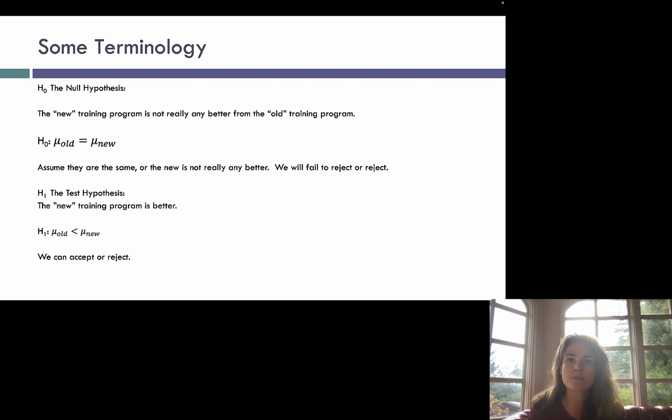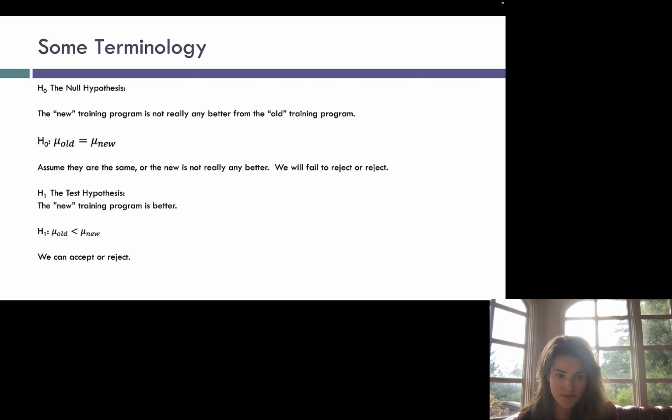And that's part of that burden of proof stuff. We never find someone innocent, right? We fail to find them guilty. And so even though it's entirely possible they're innocent, it works a lot like that. The burden of proof is on proving the test hypothesis, so we fail to reject or reject the null hypothesis.